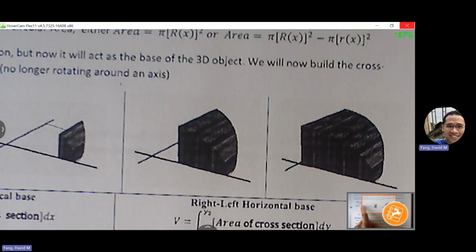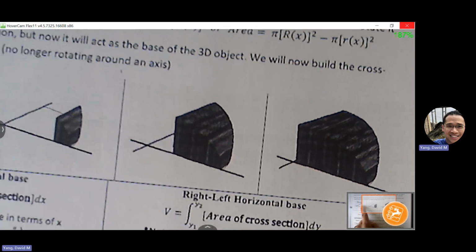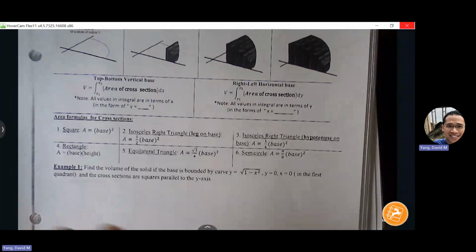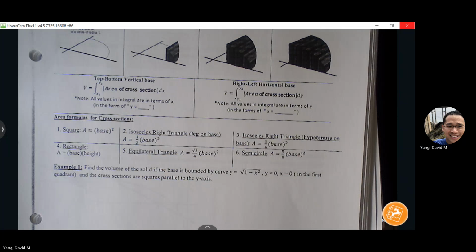So it shouldn't feel all that different. It's just we have to adapt to the different formulas. But in terms of information gathering, we're going to be gathering the information very much the same way that we did with the disk method and area. So here are the different shapes that we can create after we find that one length of this object.